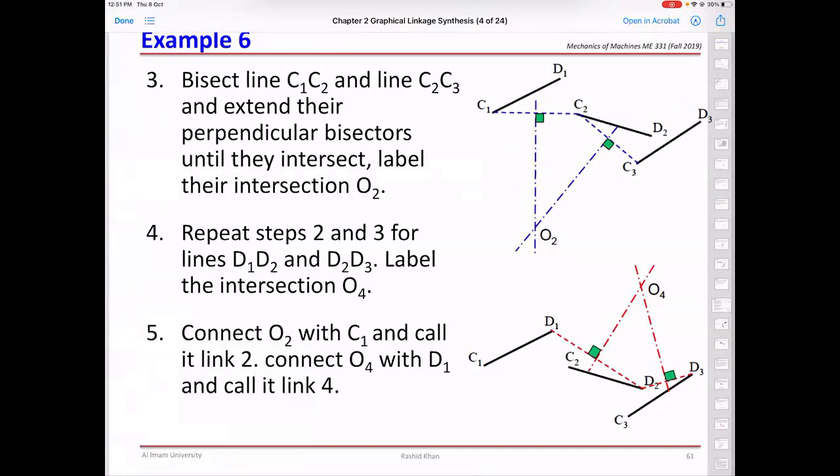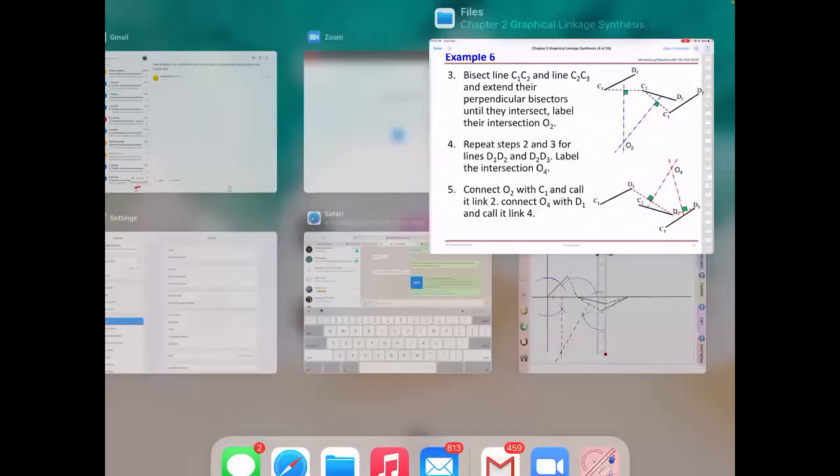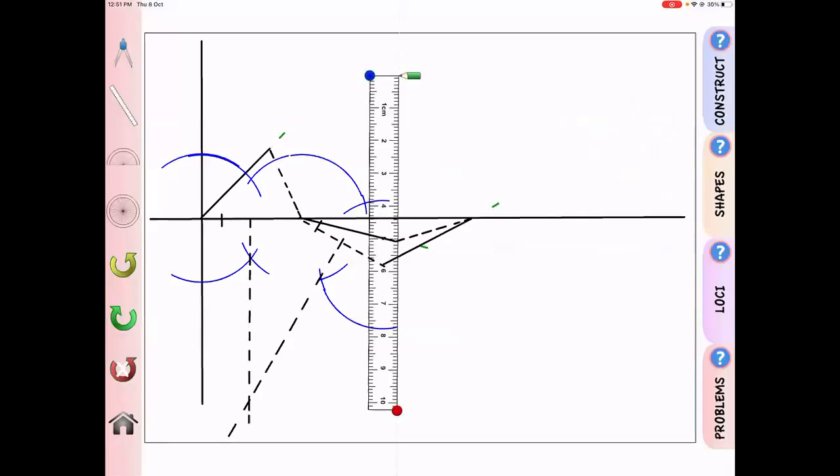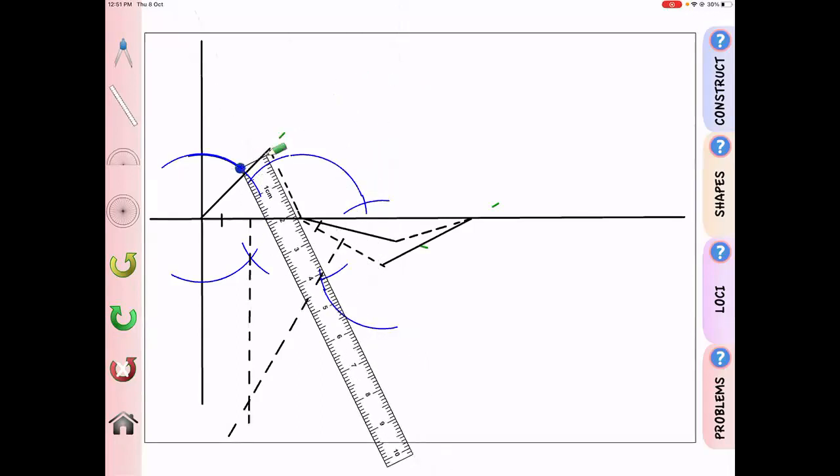So again, same we need to do for these two lines, okay? D1, D2, and D2 and D3, okay? So we need to take the bisector of these lines. I'm sorry, this is a little bit messy, but let's try to see the bisector by this one so you will not be confused by arc, okay?